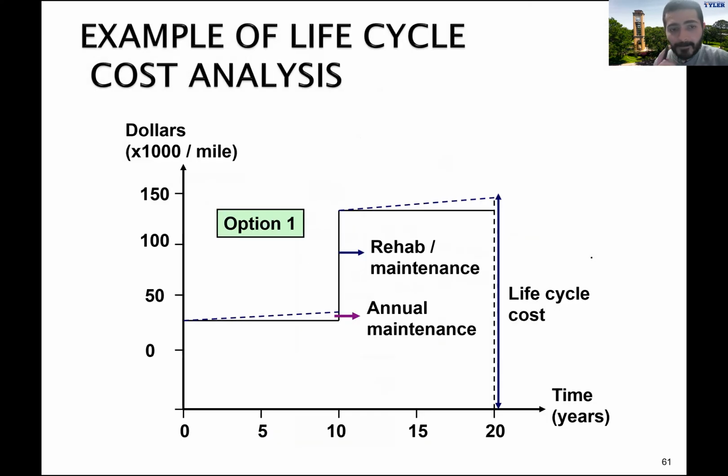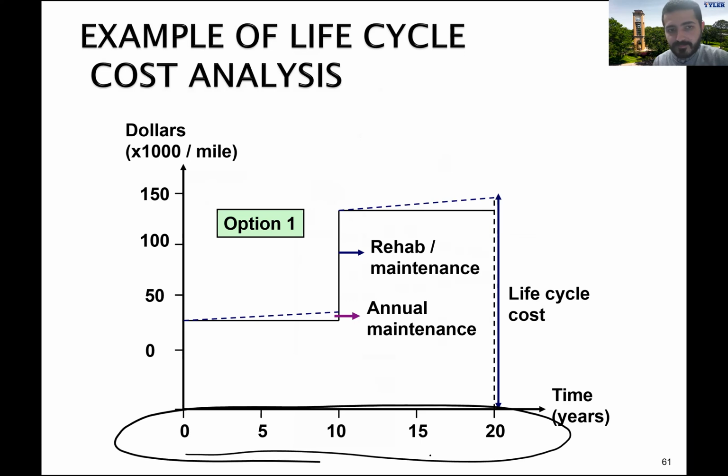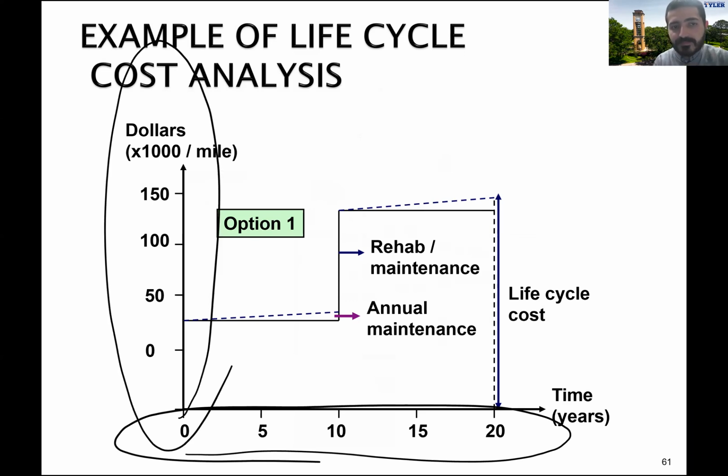So for option one, this is the time in years versus the dollar amount times 1,000. In the first option, I'm having an overlay, and that's going to cost me, let's say, 37.5 thousand dollars. And then I'm going to have another jump, corresponding to the second overlay.